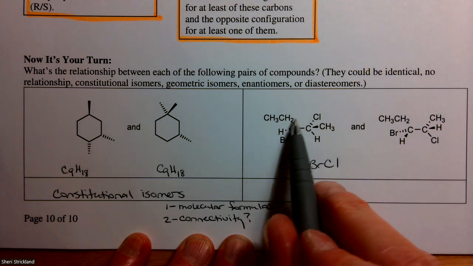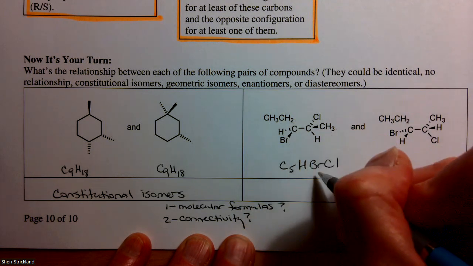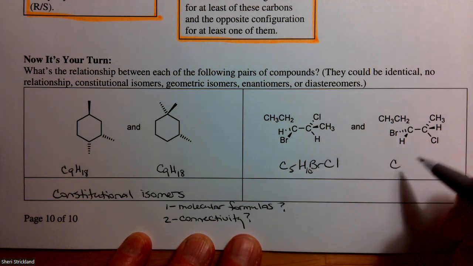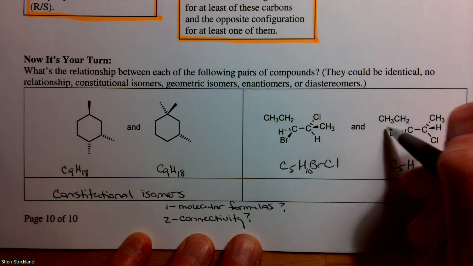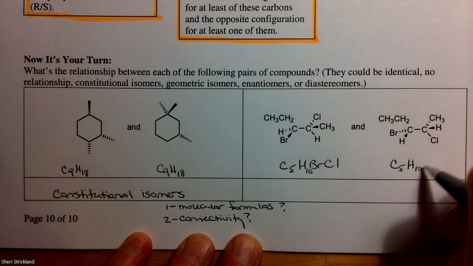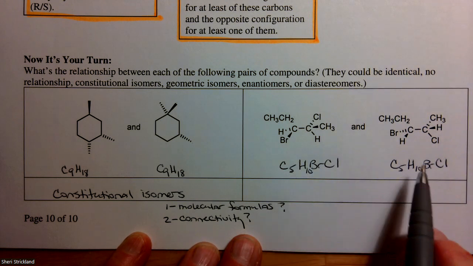So let's see, 3, 5, 6, 7, 10. And over here, 1, 2, 3, 4, C5, H, 3, 5, 6, 10, BrCl. Okay, so they have the same molecular formula.